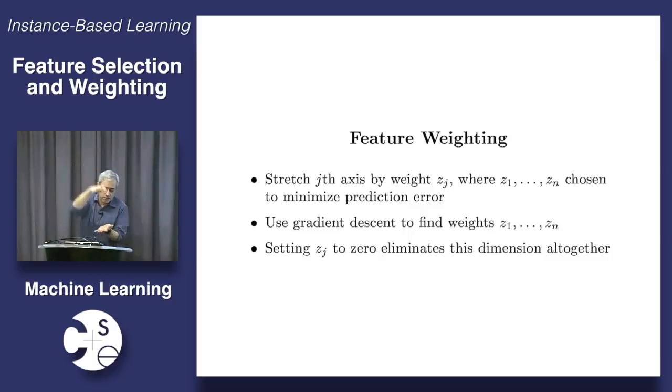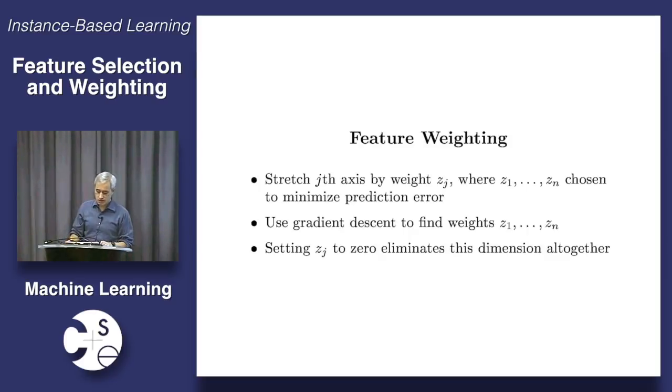So I'm going to flatten the room, and now the variations in height make a relatively small contribution. Maybe they can break ties between things that are at the same distance horizontally, okay? In the limit, of course, if I flatten things all the way, that dimension disappears. So feature selection is sort of like a limiting case of feature weighting when the weight becomes 0. But in general, the weights could be very varied.